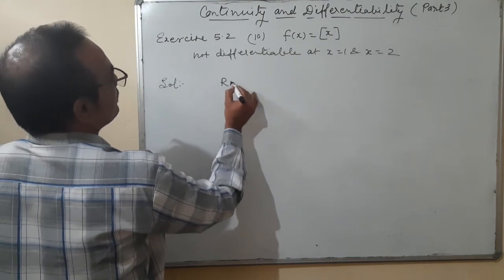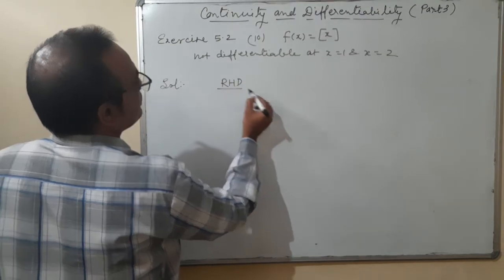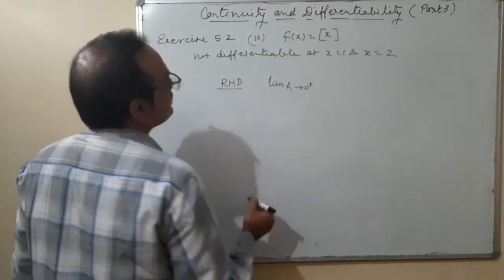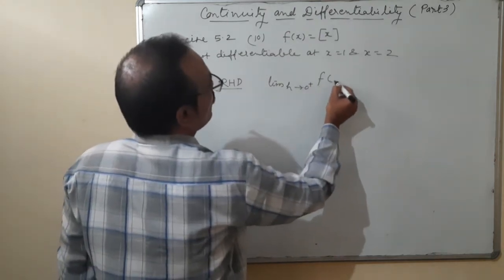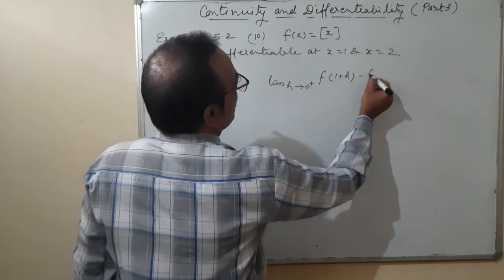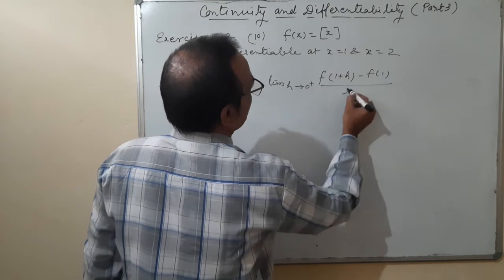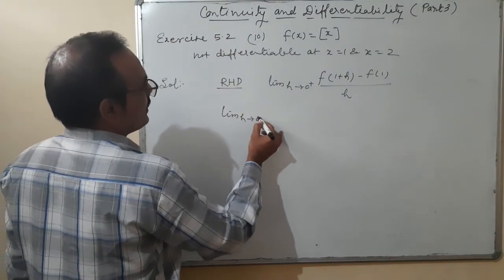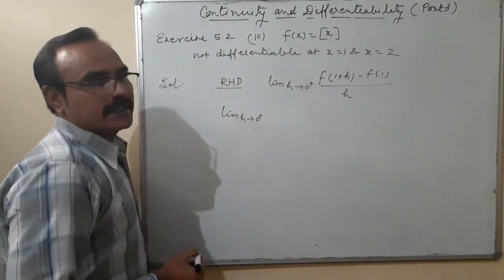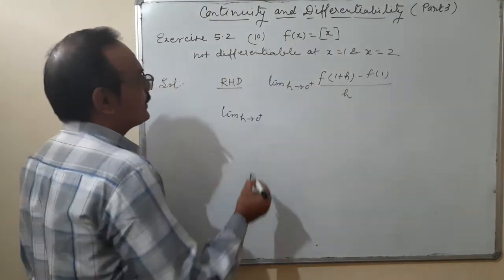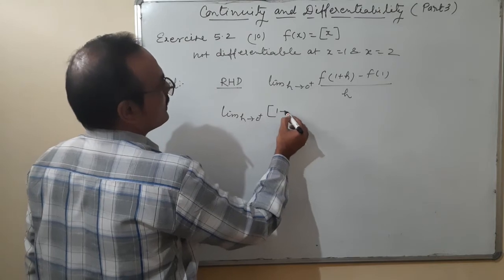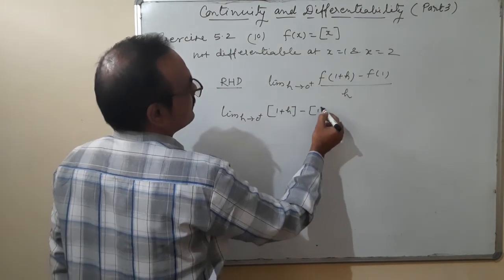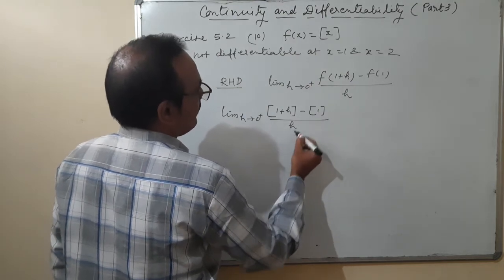First, RHD, right hand derivative. Limit h tends to 0 plus f of 1 plus h minus f of 1 upon h. So I will put here in the greatest integer function 1 plus h minus f of 1 upon h. Okay.